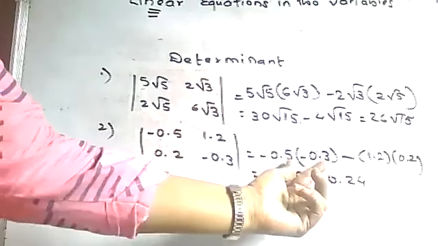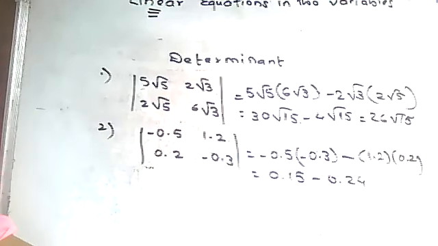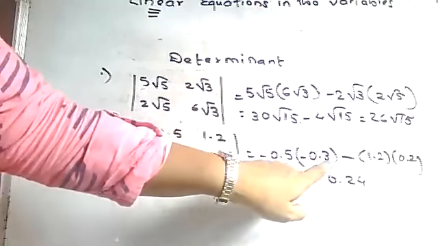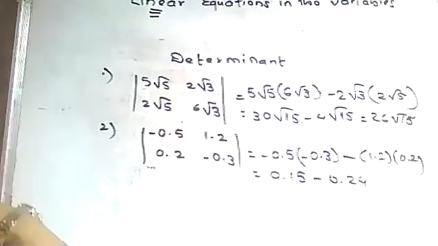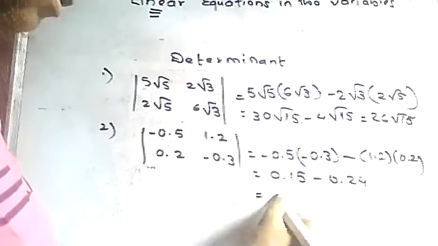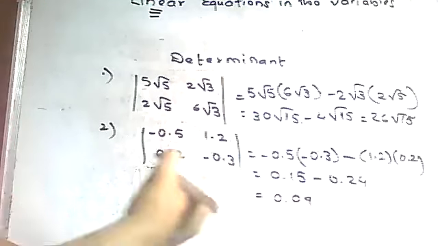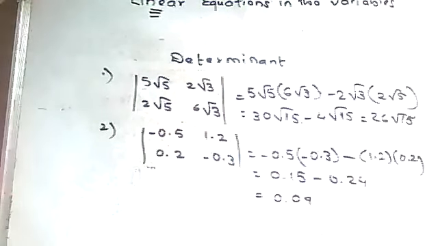Here again same, 5 threes are 15. So I wrote 15 first and then one digit here, one digit here. So 2 decimal digits, so it comes to 0.15. Now plus minus. So it will be 0.09. This has to be the answer. 0.09. Agreed? Okay, then we will go ahead.